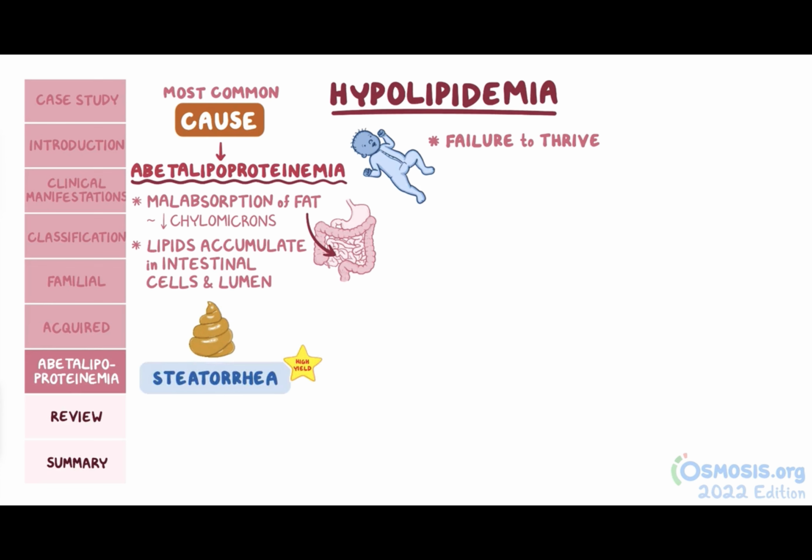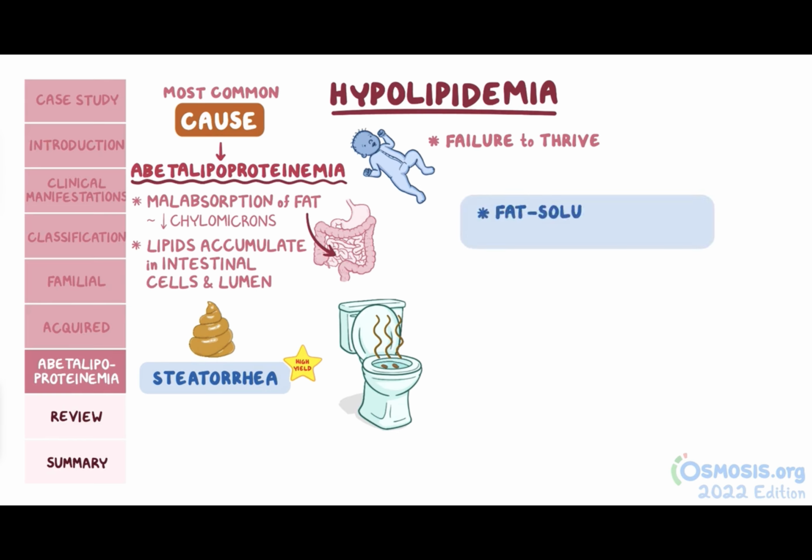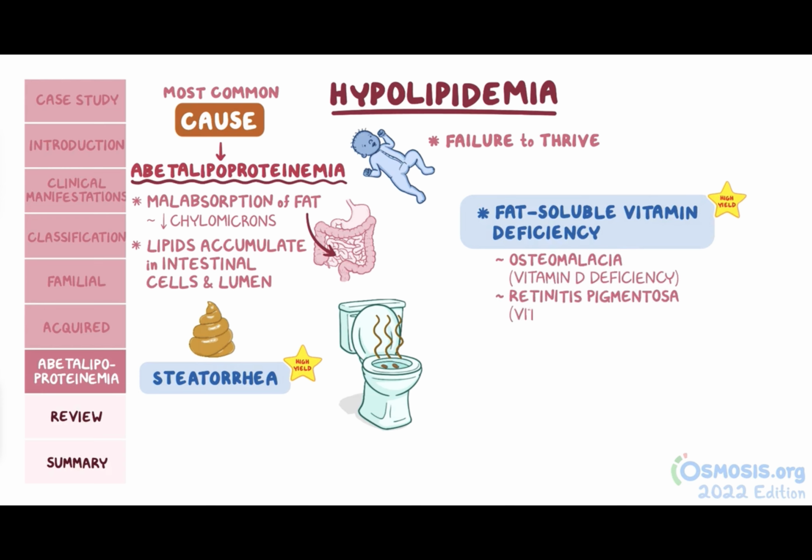On the exam, a clue towards steatorrhea would be malodorous stools that float in the toilet bowl and are difficult to flush down. Over time, individuals develop signs and symptoms of fat-soluble vitamin deficiency, and this is another high-yield fact. This includes osteomalacia from vitamin D deficiency, retinitis pigmentosa from vitamin A deficiency, as well as spinocerebellar degeneration and acanthocytosis on peripheral blood smear from vitamin E deficiency.